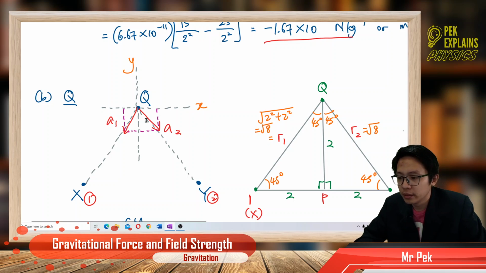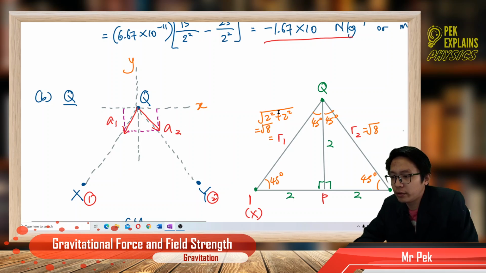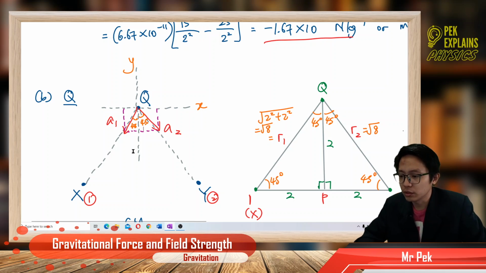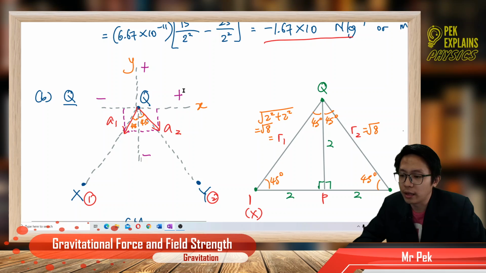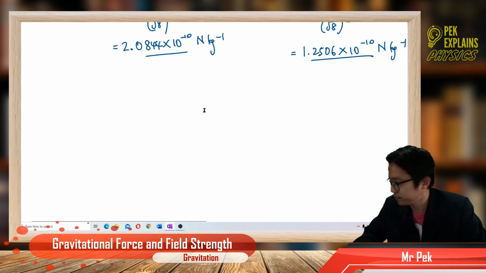Okay, we already have the angles. This is both 45 degrees. So we can resolve. Remember to put the sign: going to the right is positive, going upward is also positive, left is negative, downward is negative. Okay. So now let's get the x component.